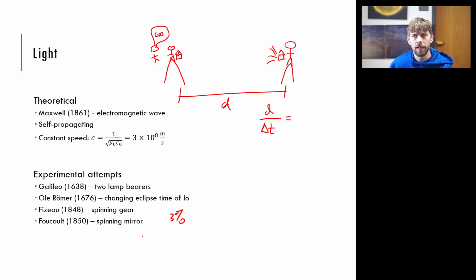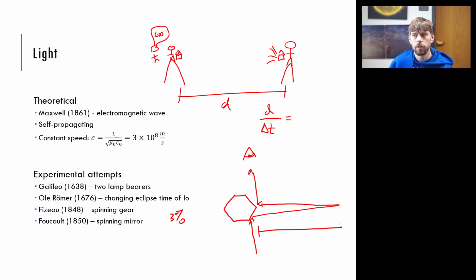Now, how they did it was similar to what Galileo did, the only difference being that, for example, Foucault used a spinning mirror, a six-sided mirror, and what he would do is shine light, it would bounce off one face, go some different distance, come back, and bounce off and go into his detector. I believe he did something like 12 kilometers.